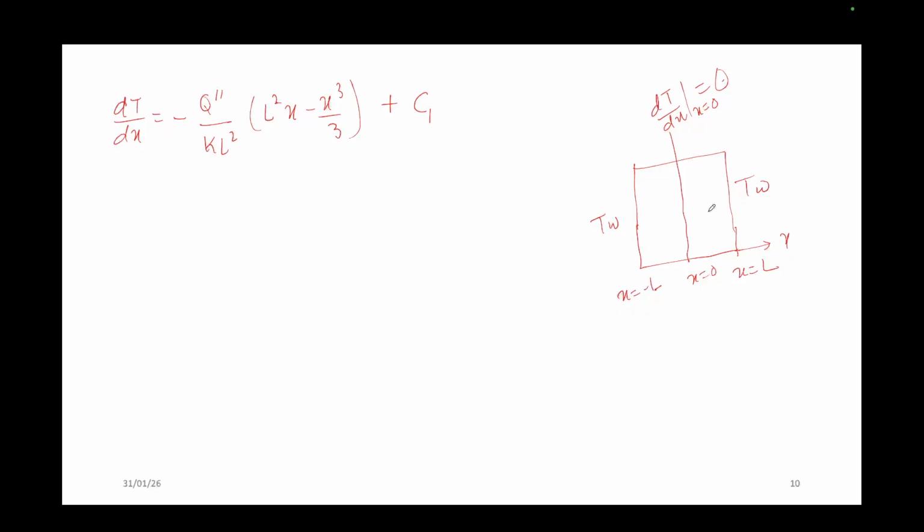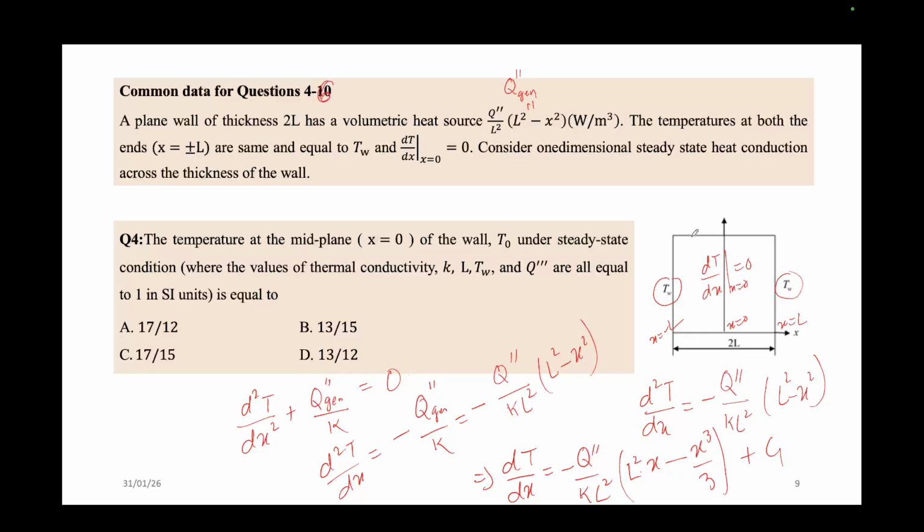So now the boundary condition. Which boundary condition? Three boundary conditions are there, no? In the question, if you watch, the first is that the temperature at the boundaries at x equal to plus minus L are the same, that is Tw. At x equal to L, T equal to Tw, and at x equal to 0, del T del x equal to 0, right?